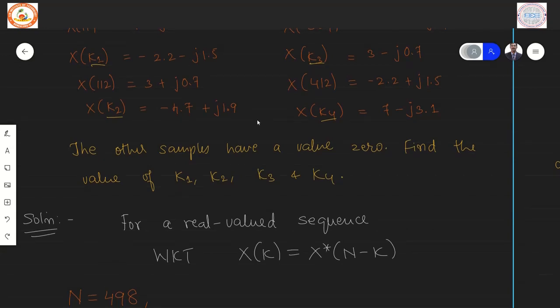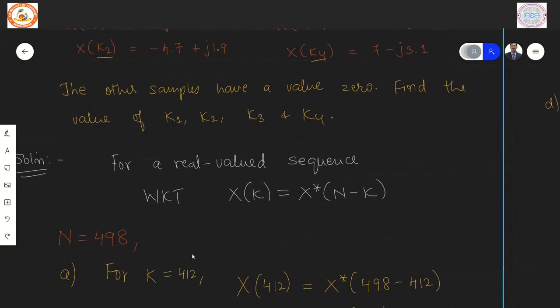So from the given, we observe that the input is said to be real valued, and real valued sequence have a symmetry about their DFT. The symmetry condition is given as x of k is equal to x conjugate of n minus k.